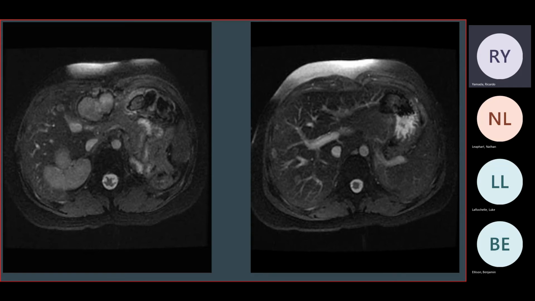If the baseline liver function is okay, which in this case it was, you can treat the entire liver with radiation therapy or radioembolization, and you have a very little chance of liver dysfunction.